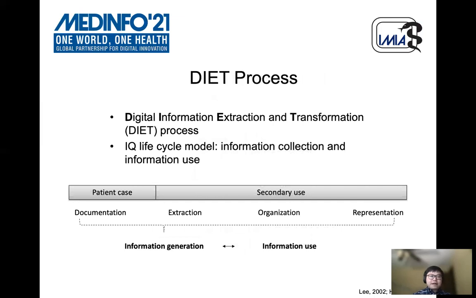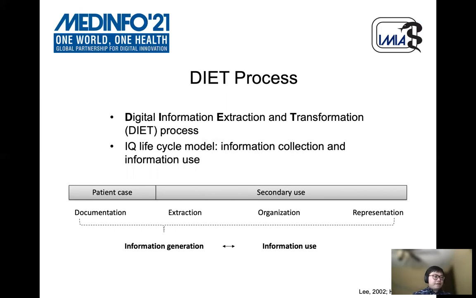We first define any information-related interaction in the secondary use as the digital information extraction and transformation, or DIET, process. This DIET process is based on the conceptual model of information quality lifecycle, as shown in the image, including the key activities of information generation and information use.